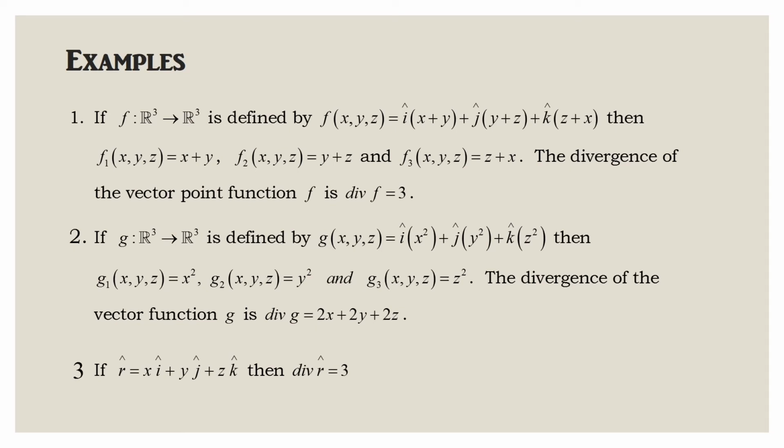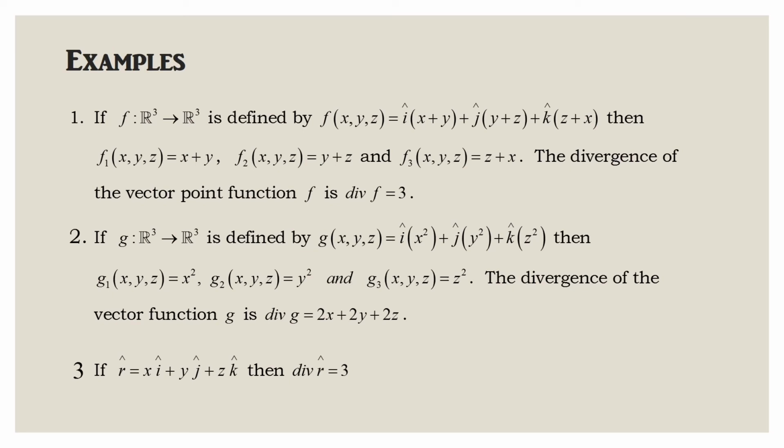Now the third example is r cap equals x i cap plus y j cap plus z k cap, which is our position vector. The component functions of this r cap are x, y, and z. So if we find the partial derivative of the first component with respect to x, we get 1.